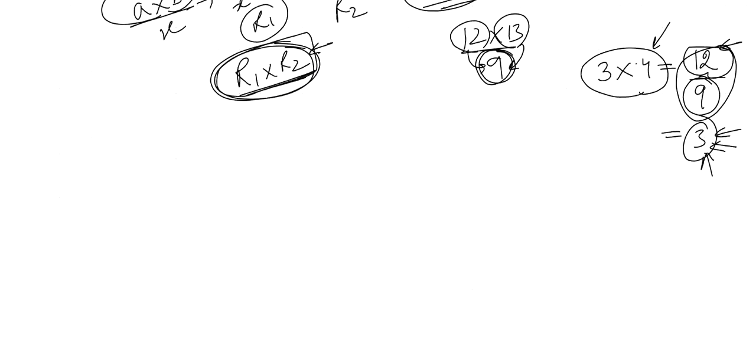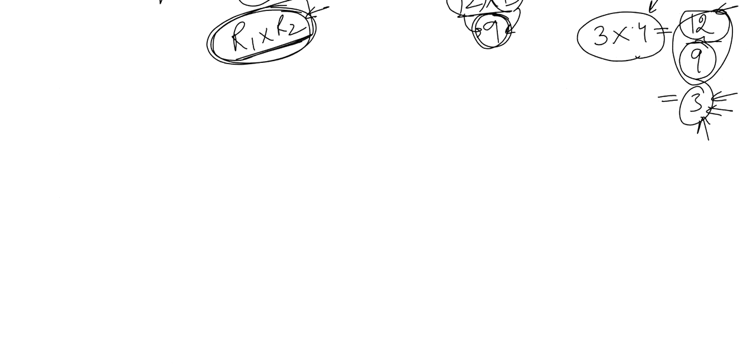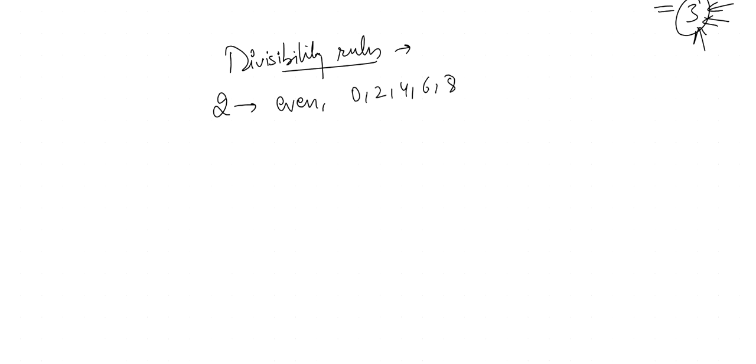And one more thing, which is divisibility rules. When is a number divisible by 2? When the number is even, or the number ends with 0, 2, 4, 6, 8.